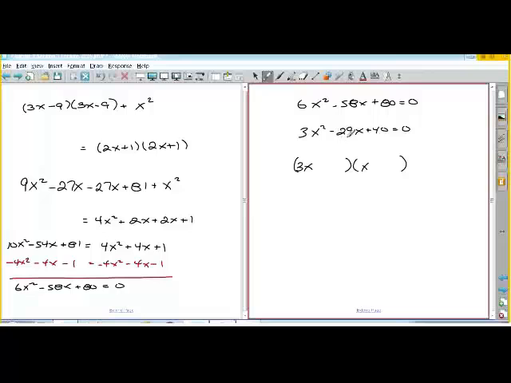So you have to figure out which ones might add up to 29. If you have two negative numbers here, they multiply together to give you a positive, and added together give you a negative.